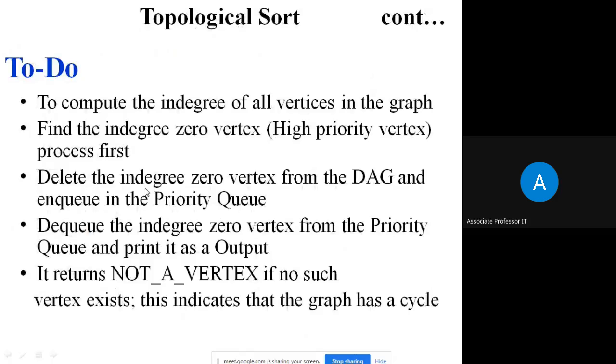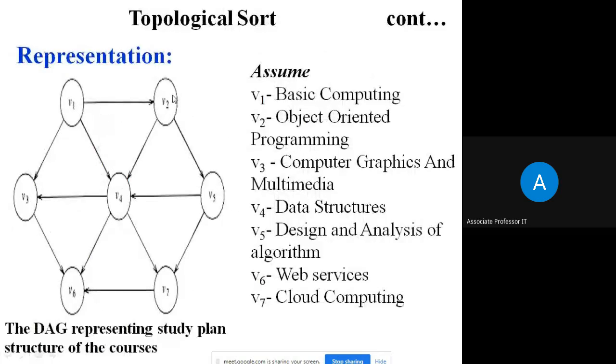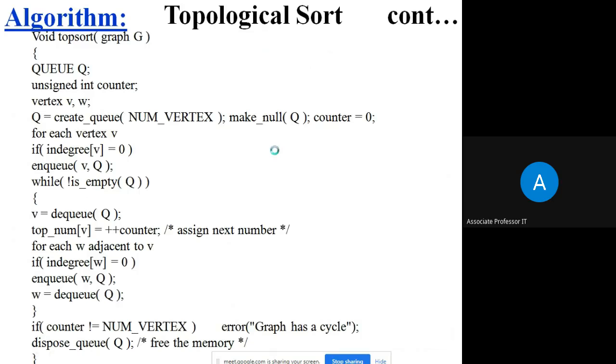Then again see the graph. V1 is deleted from the graph. Next we see which has no incoming edges: V2, because V1 is deleted. So V2 has no incoming edges and is also deleted from the graph, based on the priority queue. What is the next?